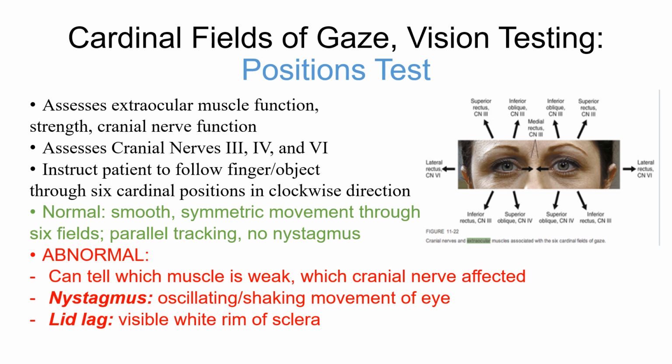Smooth symmetric movements through 6 fields, no issues, no nystagmus, which is an oscillating movement, is the expected finding. If the muscles are weak, they might shake when the eyes are looking up and down and side to side. We call it oscillating or shaking. Now, if there is a lag or a weakness there, that would be something we want to make note of.